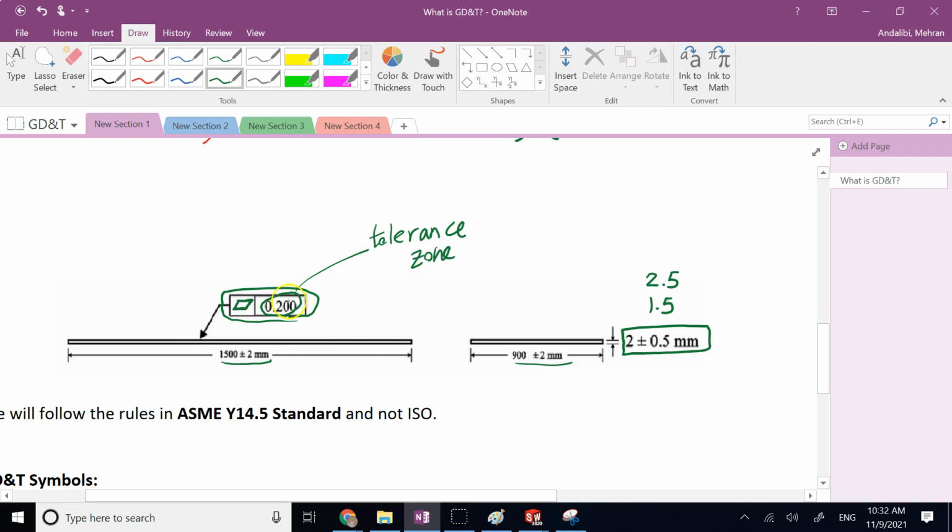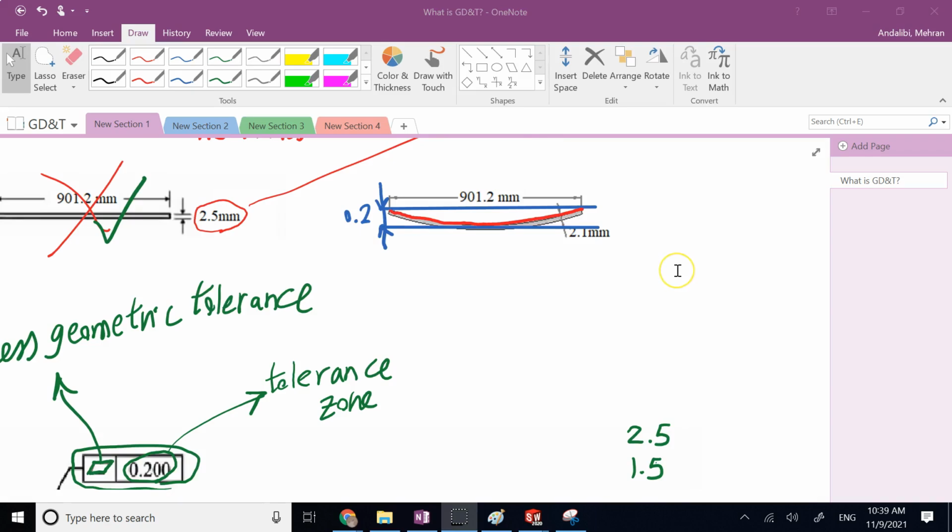And the meaning of this is different than these other numbers like plus minus 2 or 900 or so. So what's the meaning of that? The meaning is this.